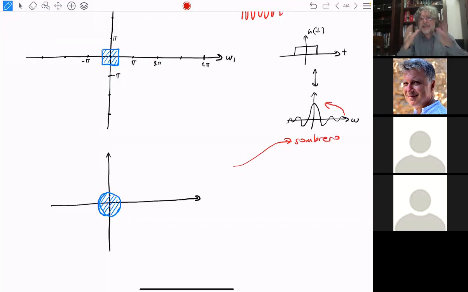It's the Mexican hat shape, which is rotationally symmetric. But if it is from here, it is not sombrero because it's not rotationally symmetric for this one. For the below one, it is rotationally symmetric.